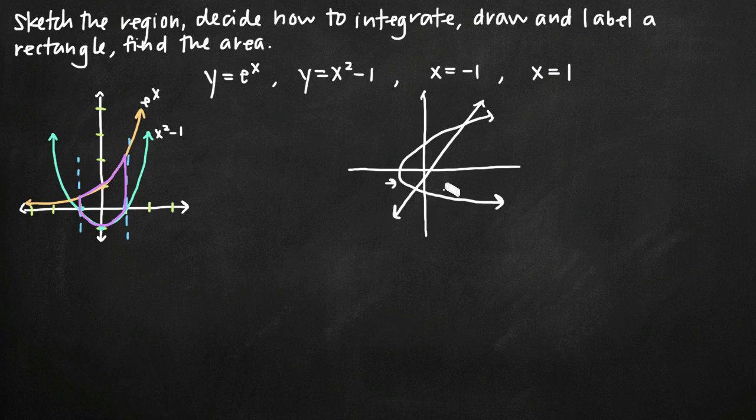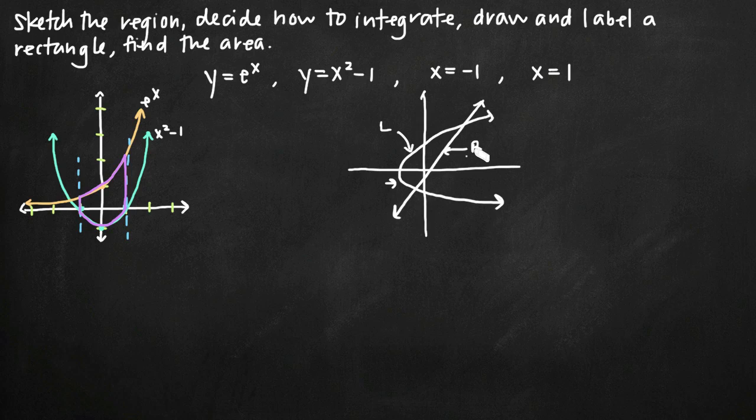It doesn't make as much sense. What makes a lot more sense is that for the area enclosed by the region right here, the line is the curve to the right, and the parabola is the curve to the left. So you have a rightmost curve and a leftmost curve, and the line is always to the right of the parabola for this particular area. So in that case, we would want to flip it.